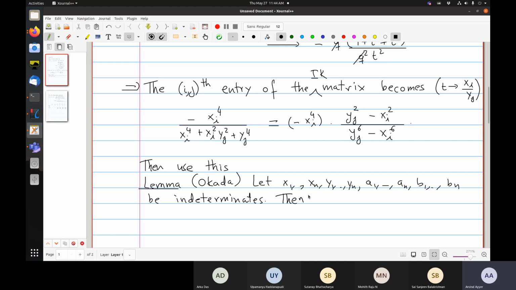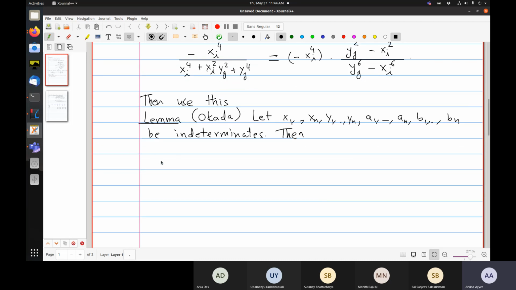Then we give an identity between two determinants.